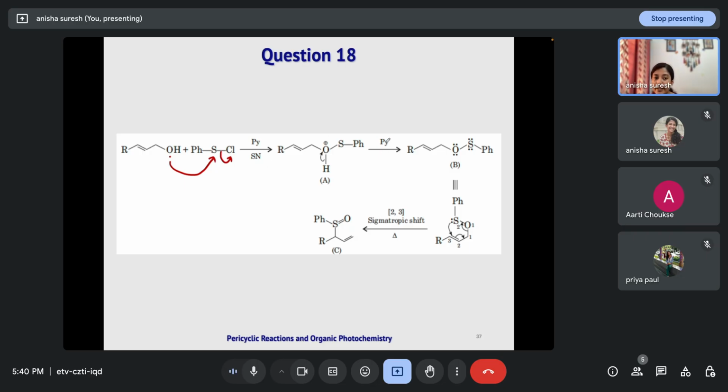In the presence of pyridine as the base, the pyridine will abstract this proton, resulting in the formation of B. So this substrate can undergo a 2,3 sigmatropic shift under thermal condition, as you can see here by the arrow pushing, and it will give C as the final product. Is this the same that you got?